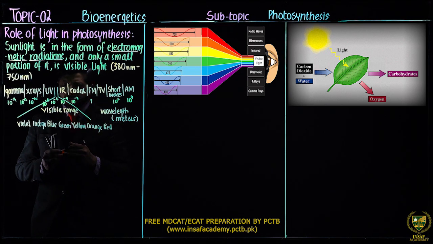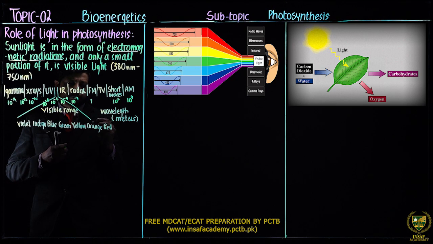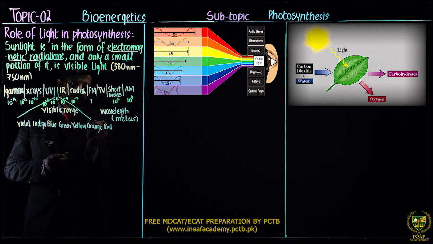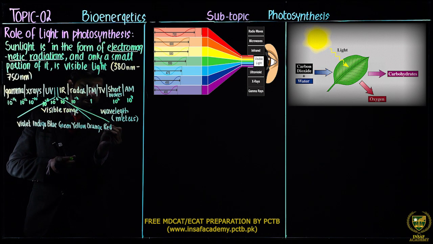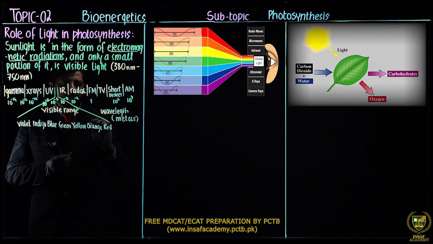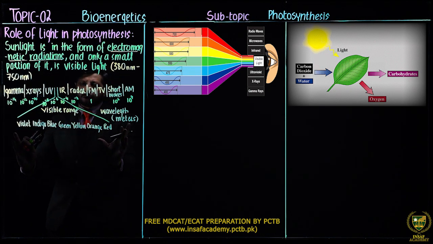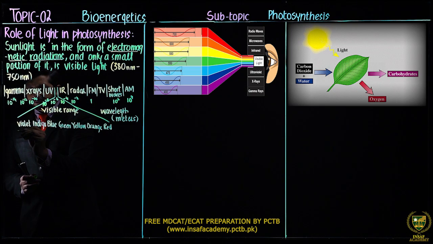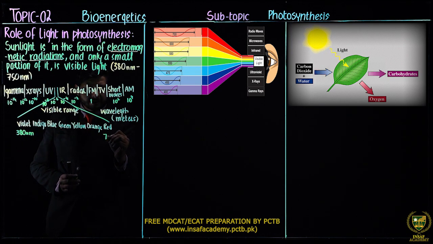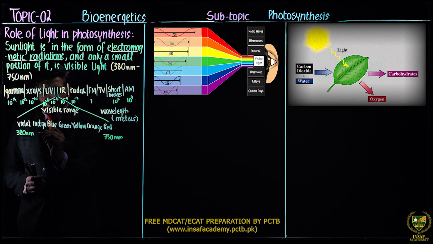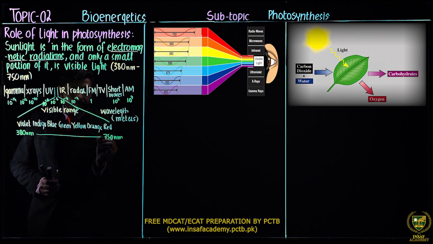So this is our visible spectrum over here. Clear? Up to this. So this is the range of visible light. It starts from 380 nanometers up to 750 nanometers. Clear? So in between is there.